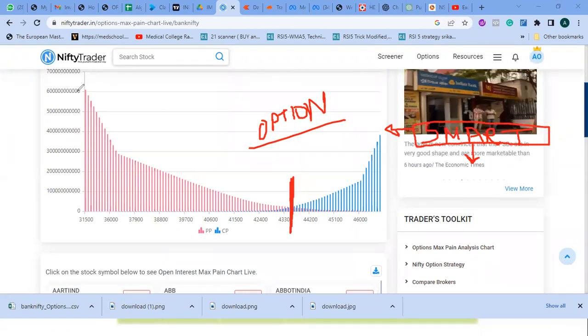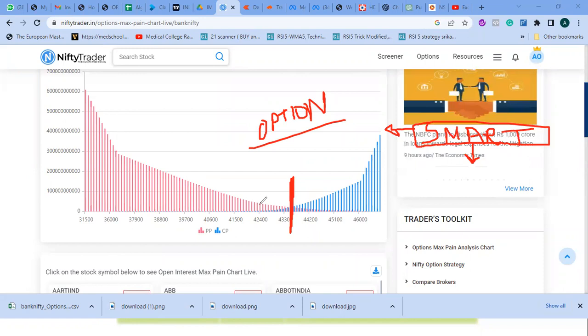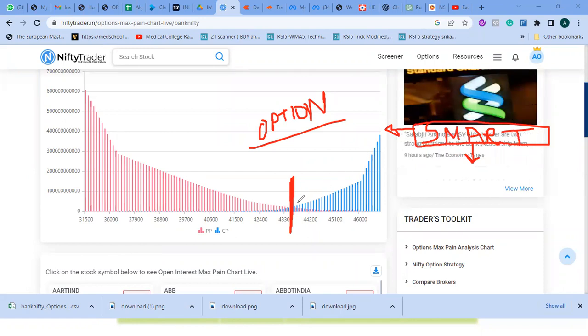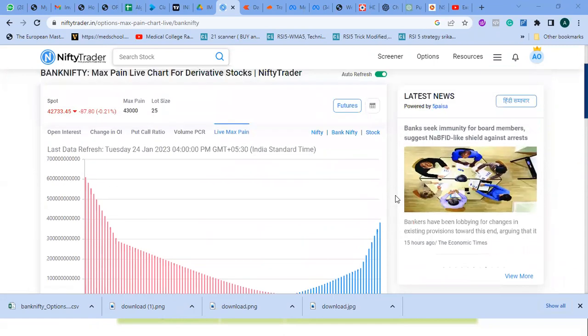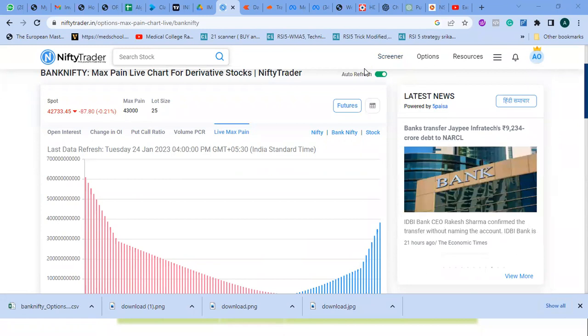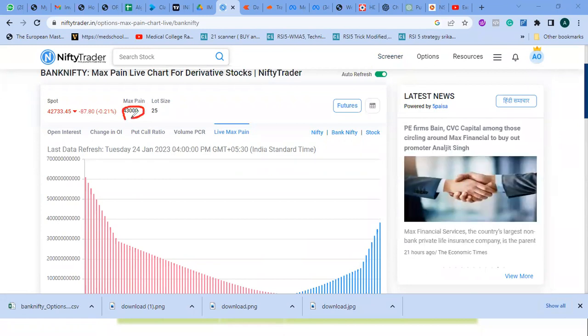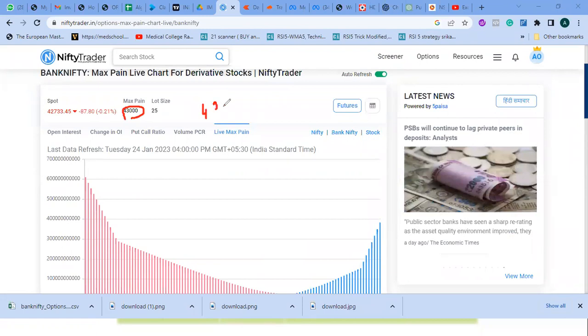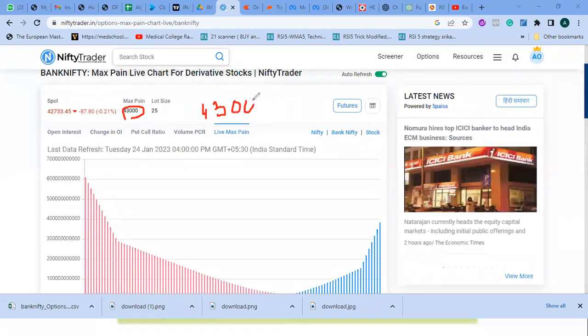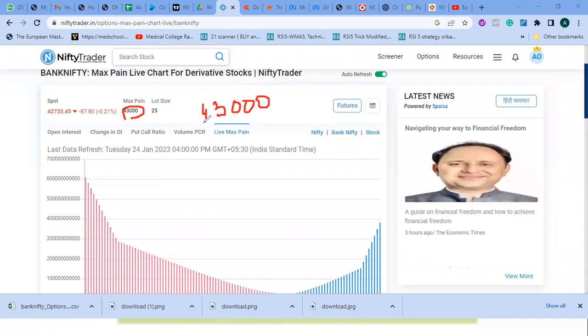Because this is a place where all these options will turn zero, all these options will also decrease in value. So this is the point of convergence, and this is called as max pain. So what do we do with this max pain? If you see, the max pain right now is 43,000. So if Bank Nifty expires close to 43,000, then the option sellers will earn the maximum profit.